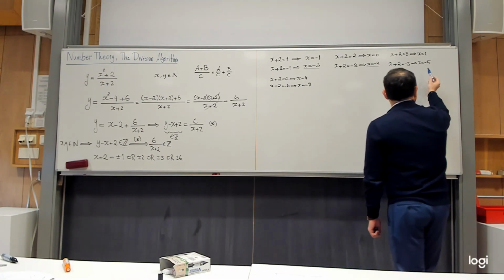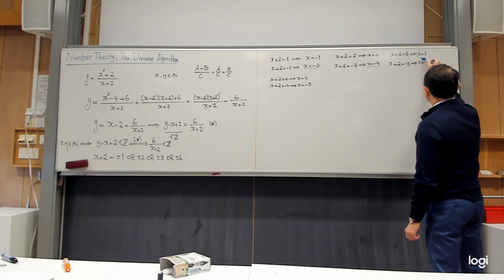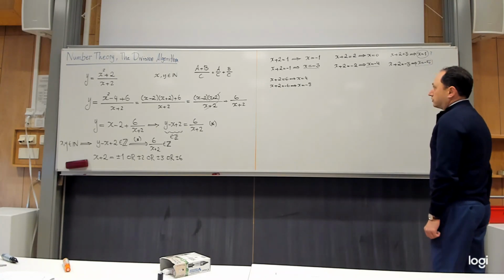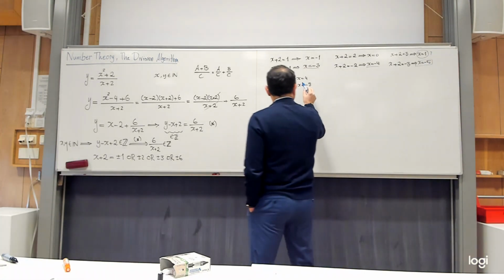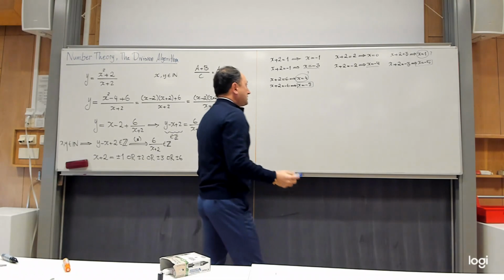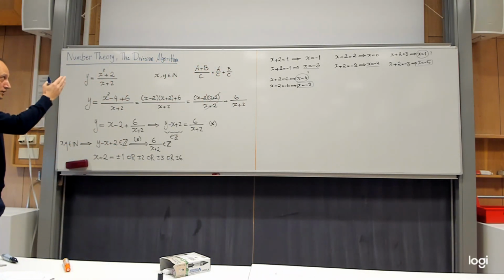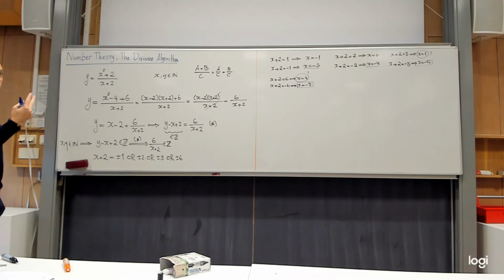But I need to check this one, and I also need to check this one. If you want natural numbers starting from 1, you have only 2 candidates to check. Is that clear?